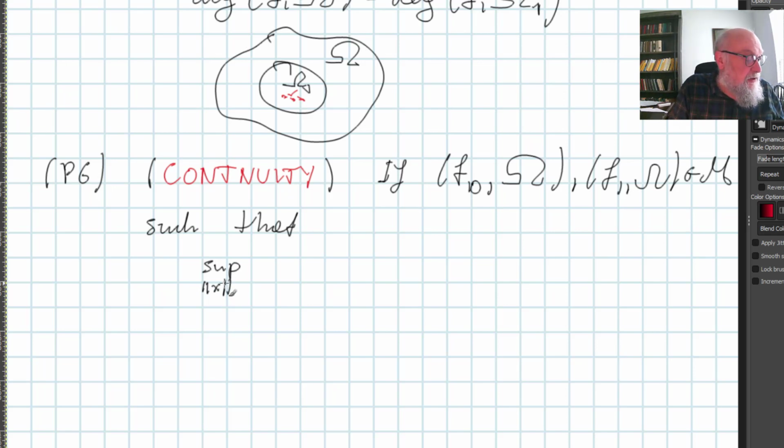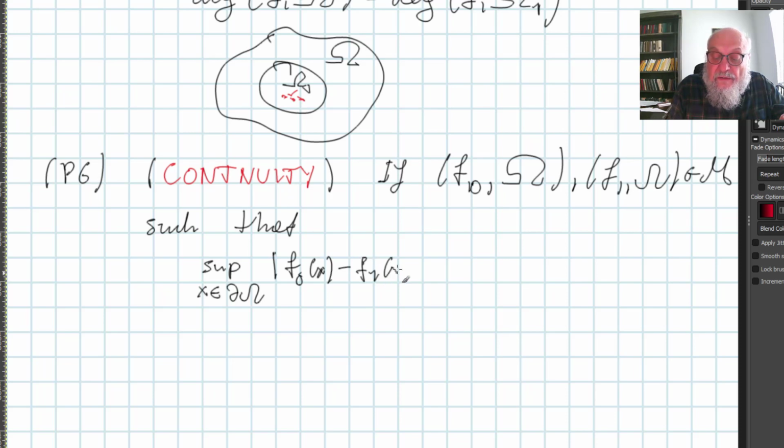of x belonging to the boundary of omega of the norm of f0 of x minus f1 of x is strictly smaller than the infimum of, one of them, f0 of x.